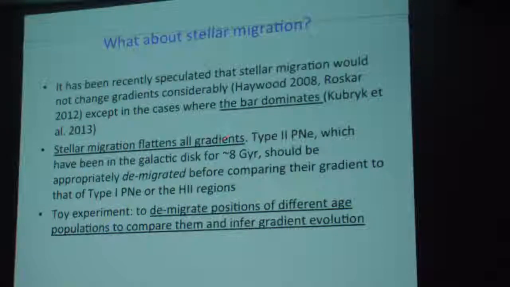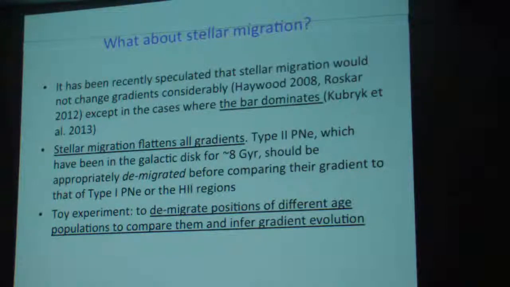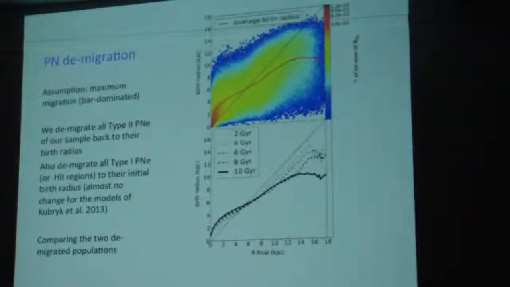Planetary nebulae that have been in the galactic disk for, let's say, 8 gigayears cannot be compared directly with H2 regions. The planetary nebulae should be demigrated to see what has been the enrichment in the gas. So I played with this, and this is the birth radius against the final radius, where you find a planetary nebula in the galaxy, according to Kubryk et al.